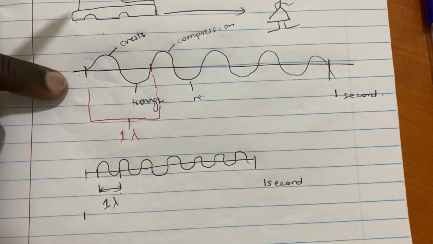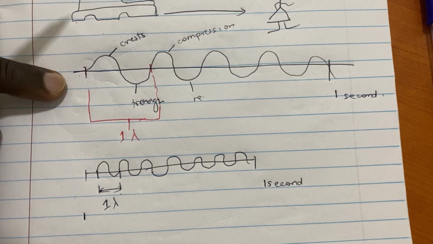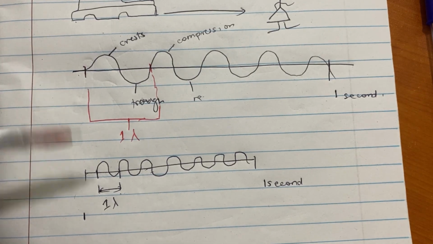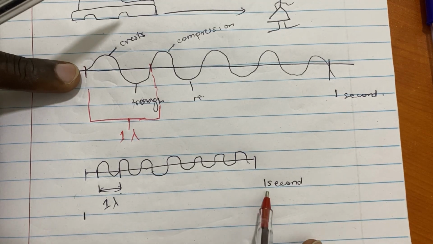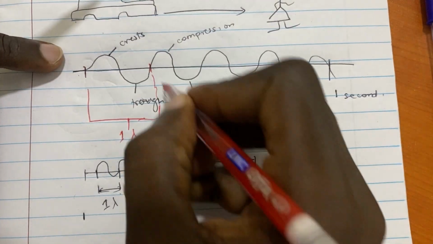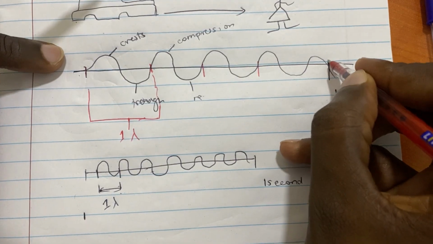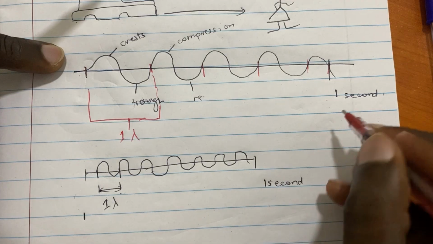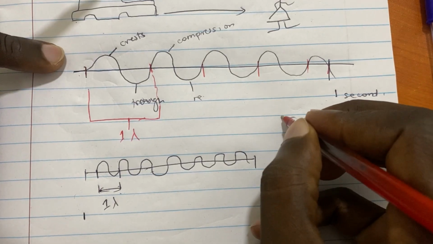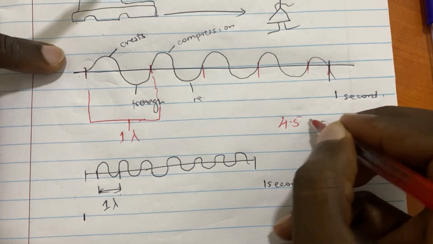Now I'm going to tell you what frequency is. The number of wavelengths per second is called frequency. So how many wavelengths in this 1 second? 1, 2, 3, 4, and a half. So the frequency is 4.5 hertz.